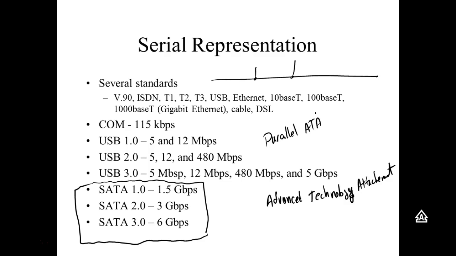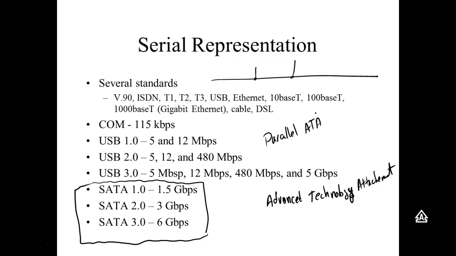But this is the one most often put out there. This gets us all the way up to 5 gigabits per second. But it's downwardly compatible. So if you have a USB 3.0 interface and you put a device in there that supports a 1, it's going to be able to connect to it and communicate okay. It's just like our Ethernet networks, which are downwardly compatible, which takes us.